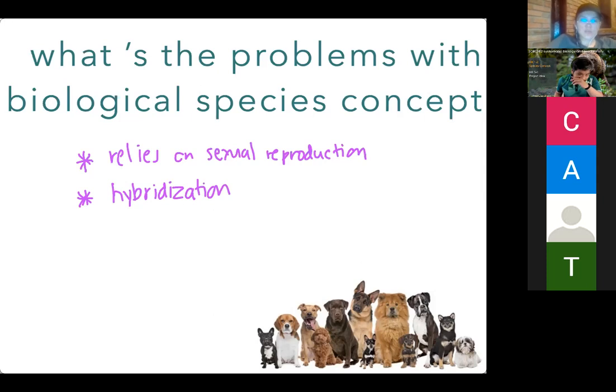And sexual reproduction is the key here, in that some species don't do sex at all. They reproduce asexually. And imagine the practicality of this. What if you're a systematist, right, and you want to test whether or not two giraffes are the same species? What do you do? You go to Africa, right?